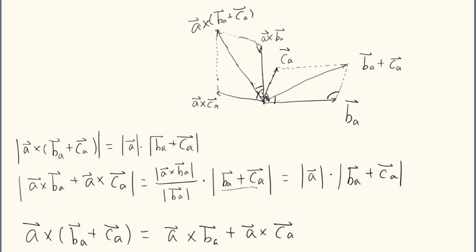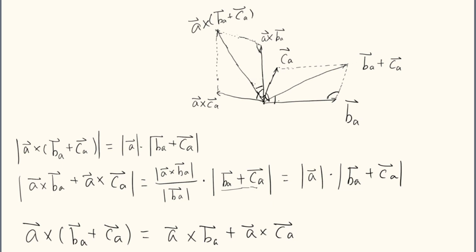So the addition of these two vectors is in the same direction as this vector, because this is perpendicular to this. So these two vectors have the same length and the same direction.